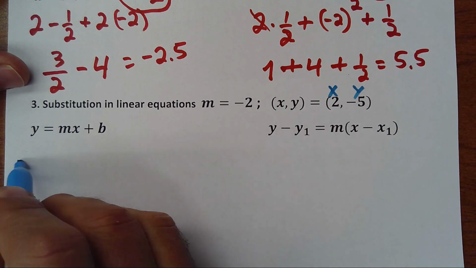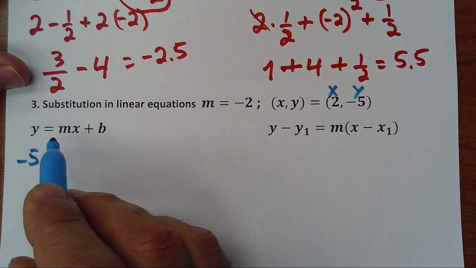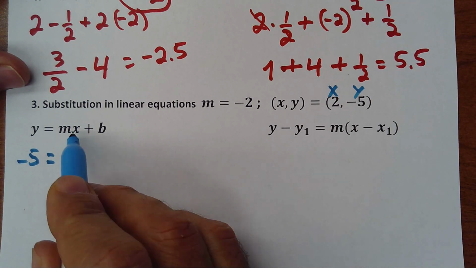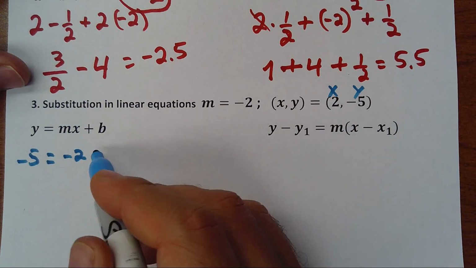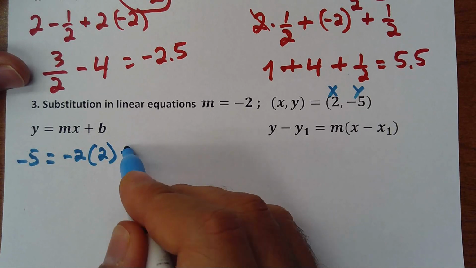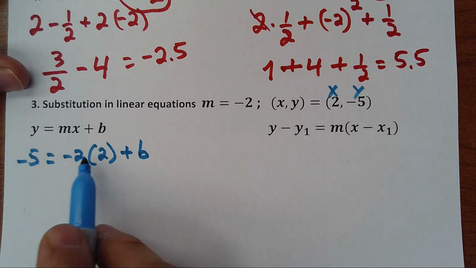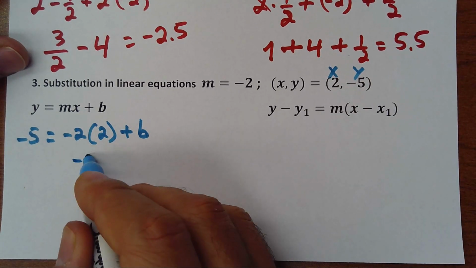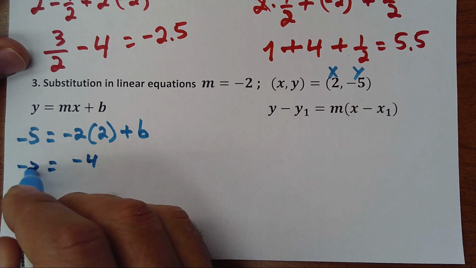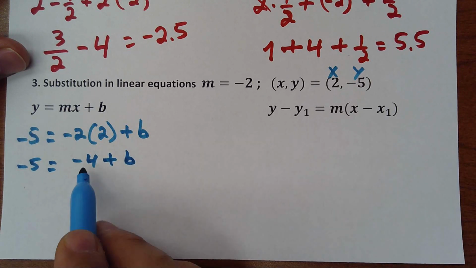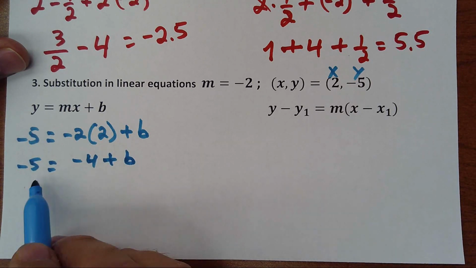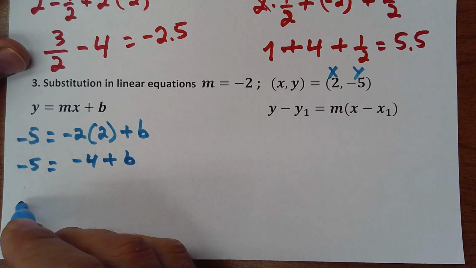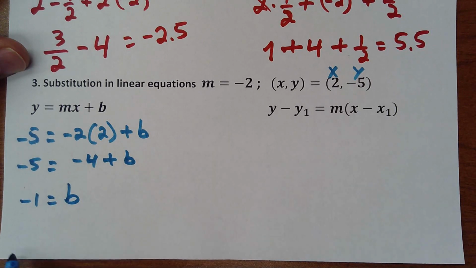So y is -5. It's equal to m, which is -2, times x. x is 2, times 2 plus b. Next step, 2 times -2 will be -4 here. -5 equals -4 plus b. You add 4 on both sides, and that will be -1 here. So b is equal to -1.